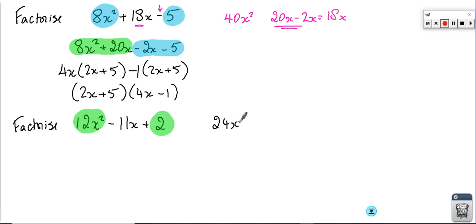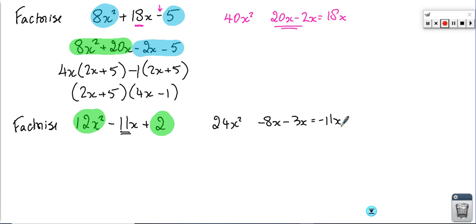That gives me 24x squared. Two factors of 24 which when added give minus 11. Factors of 24 which when added give 11 are 8 and 3. 8x and 3x, when added, give 11. But I need minus 11, so minus 8 minus 3 is minus 11.